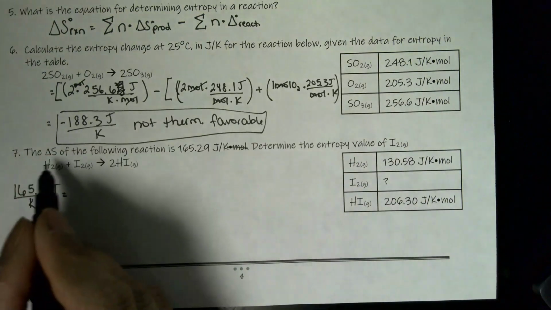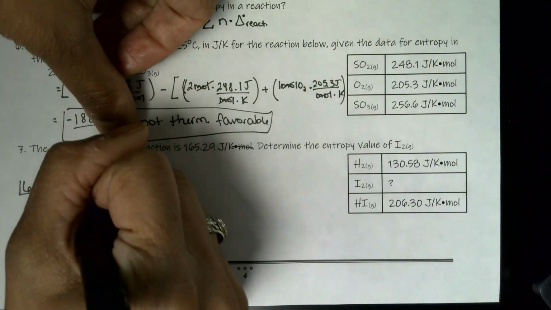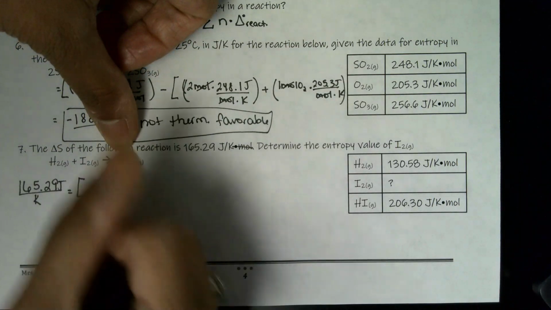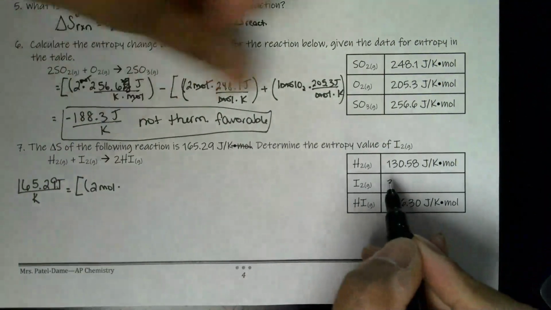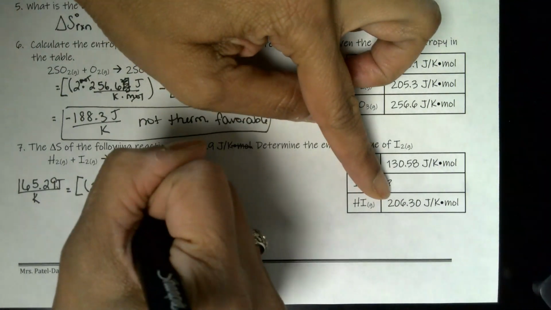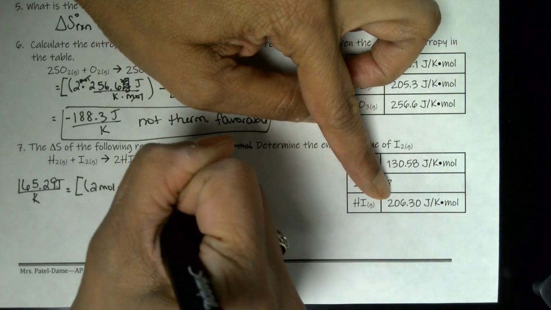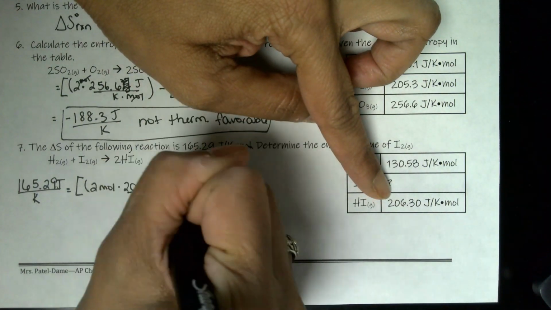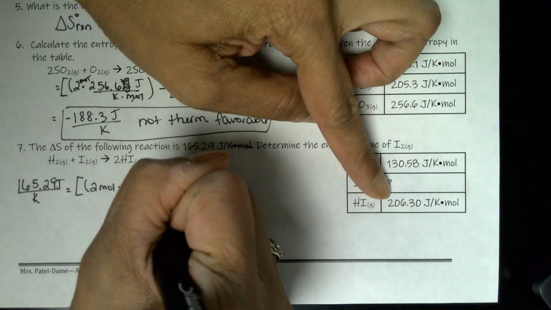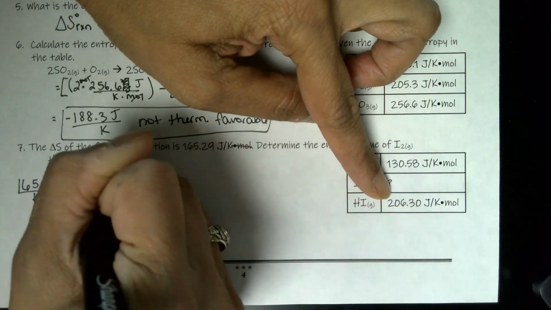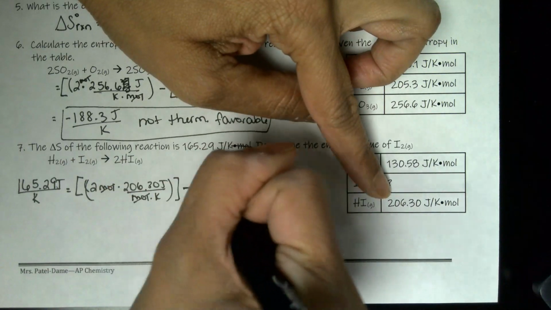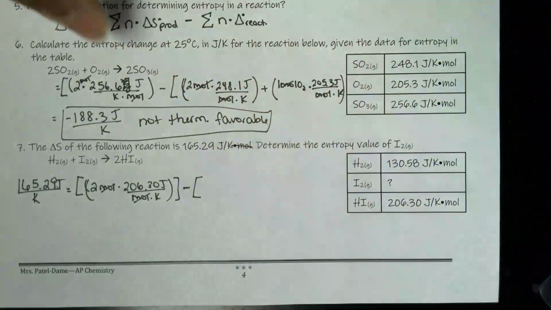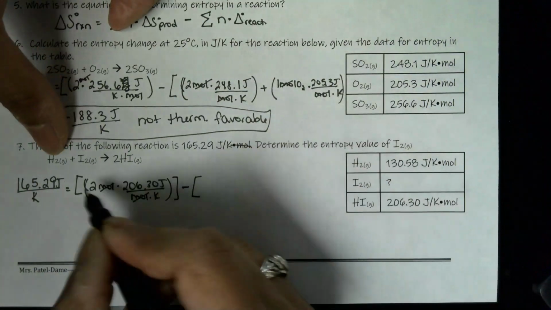Is equal to, and then let's do the products first. So I'm going to do those in brackets. 2 moles of HI, 206.30 joules over moles times Kelvin. Cancel out your moles. Minus, all right, and then I've got my H2.